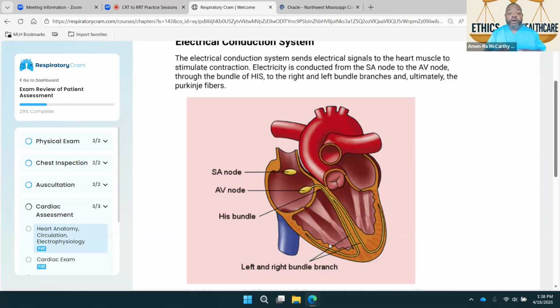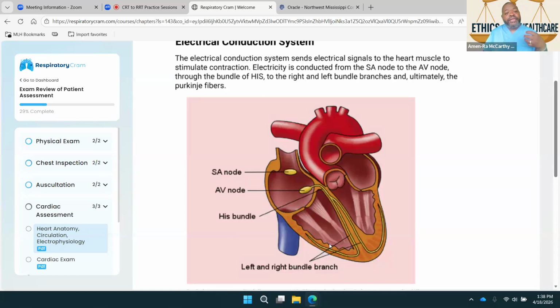Now, when the heart relaxes, you have a few other terms. We have repolarization, AKA relax, AKA diastole. Your systole is your contraction, your diastole is your relaxation or your repolarization.